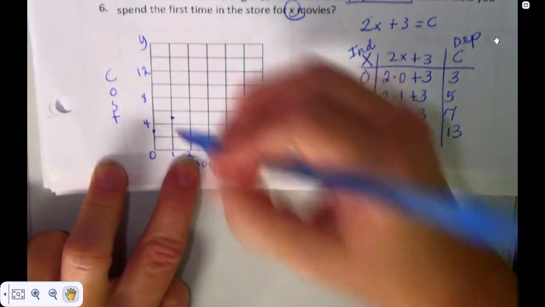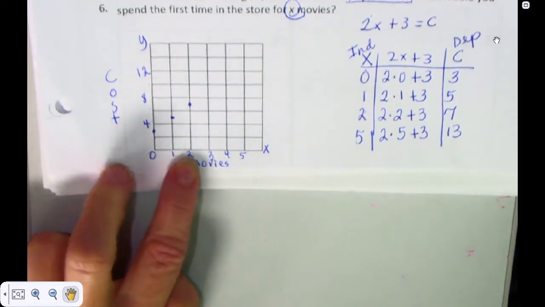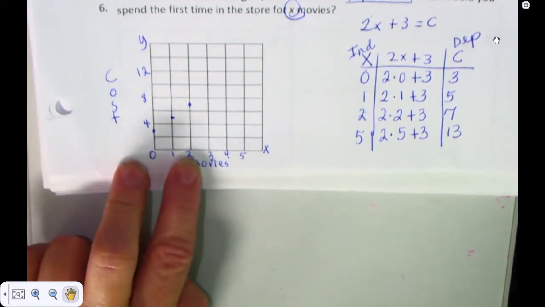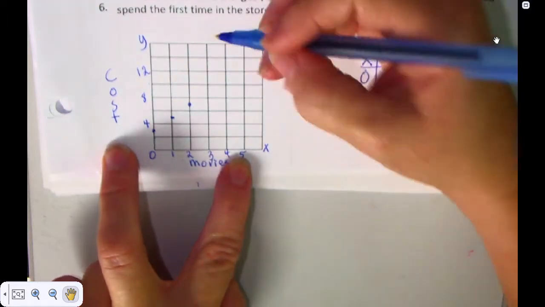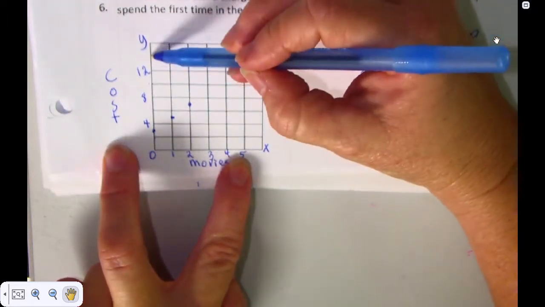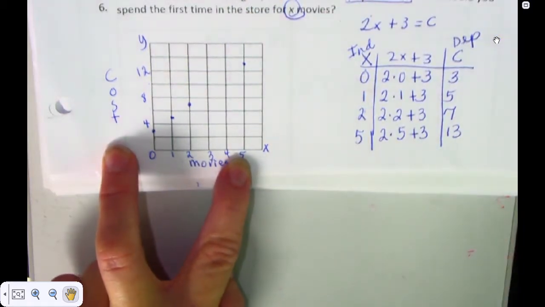Then 2 is 7, which is between 6 and 8. And then we could skip down here to 5, and we're going to do 13. That's 14, so 13 will be between the 12 and the 14.